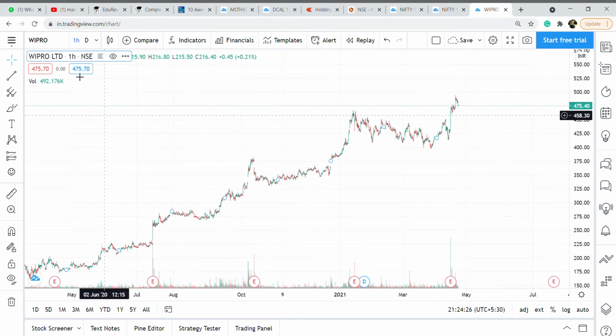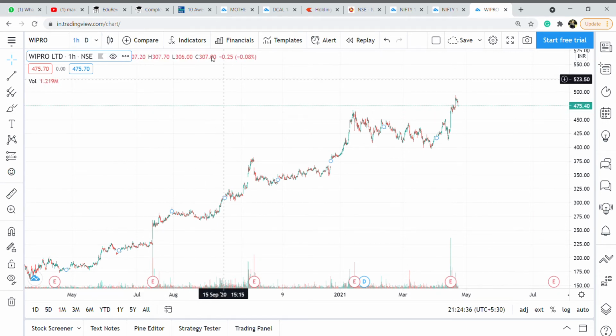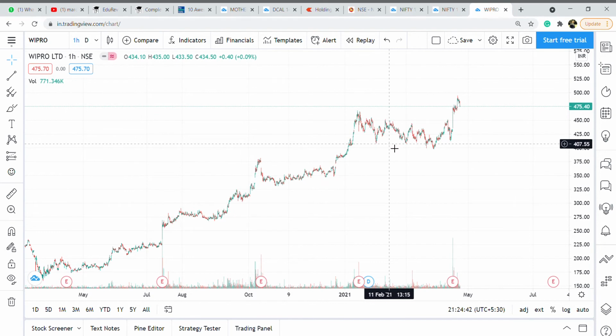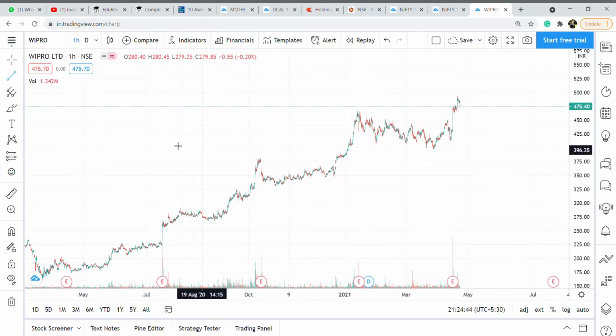So after learning about the ticker tape, the symbol name, the time frame, then the different kinds of chart types, and then indicators, then we are going to lines. We can actually do anything over here on this page. We can draw lines.